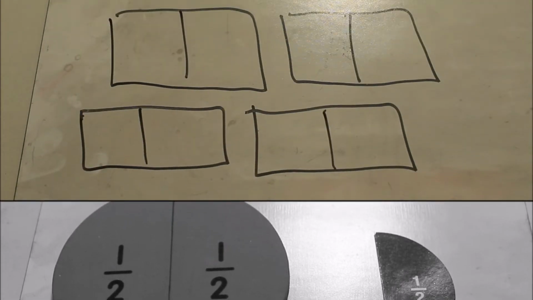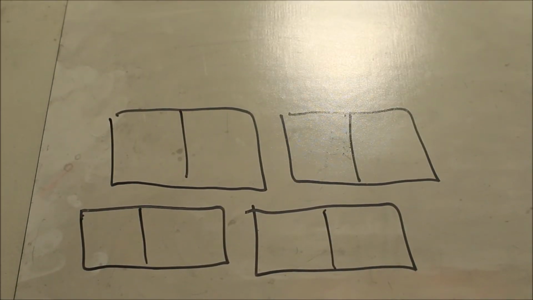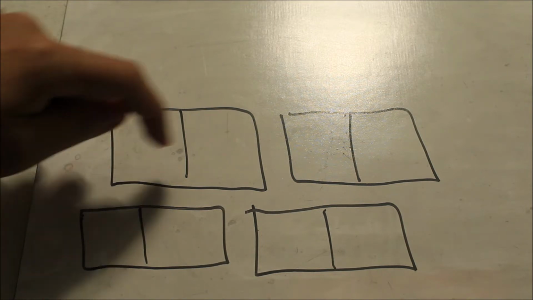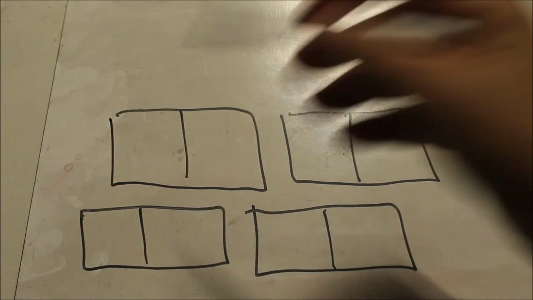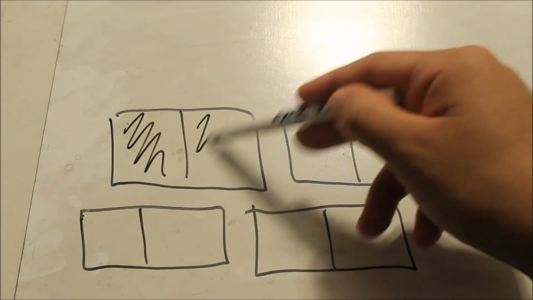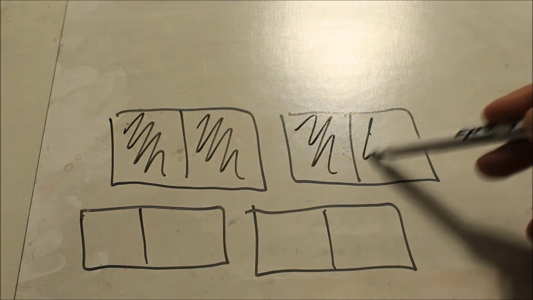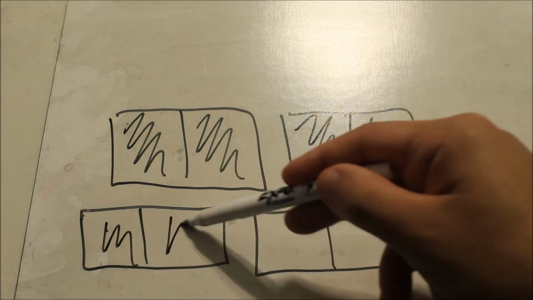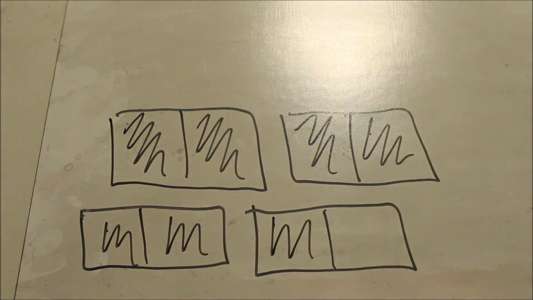Let's take a look at another picture. I have 4 wholes that have been partitioned into halves. They are partitioned into 2 equal parts, which means I have halves represented. Let's shade in some halves and count how many we have. 1, 2, 3, 4, 5, 6, 7, 8.